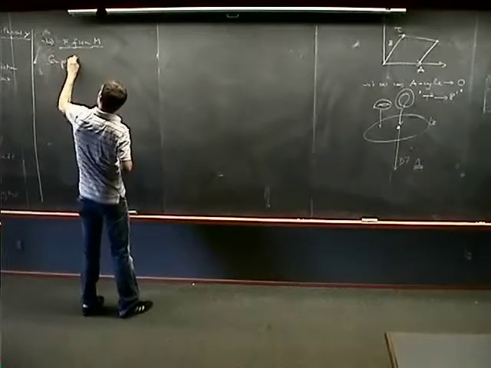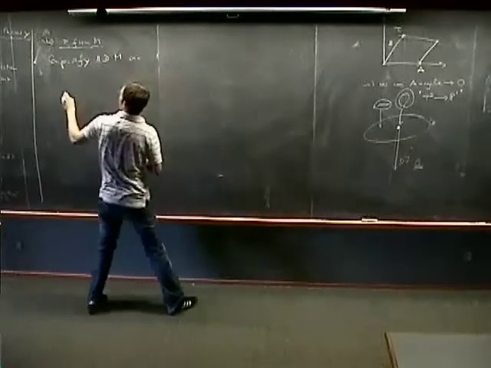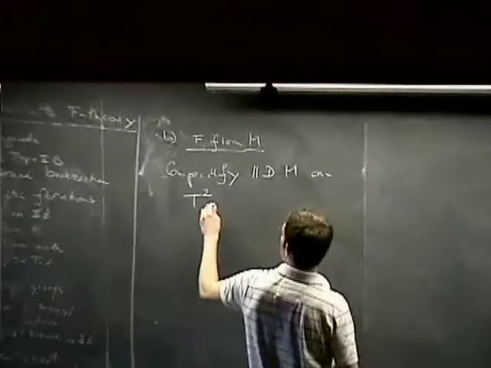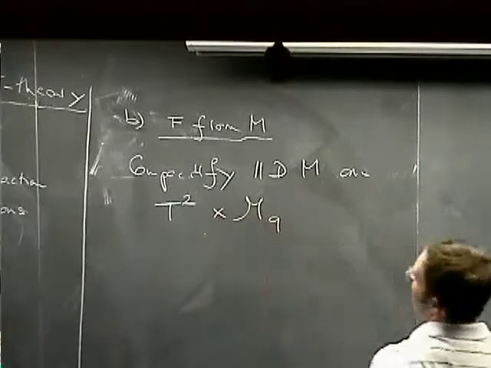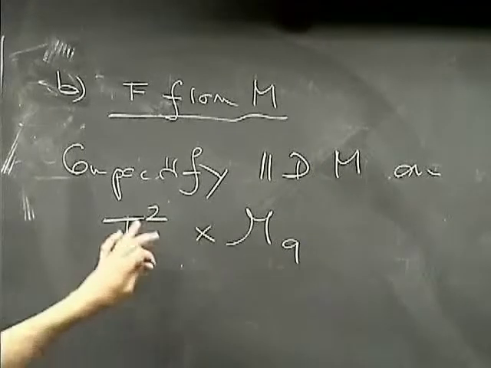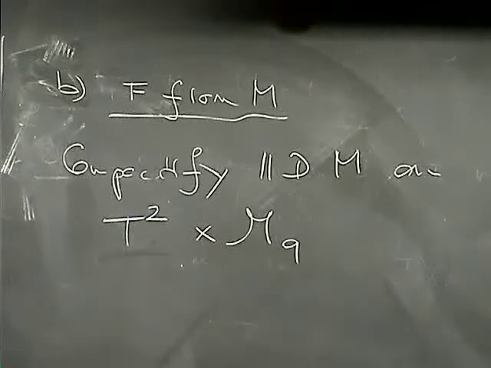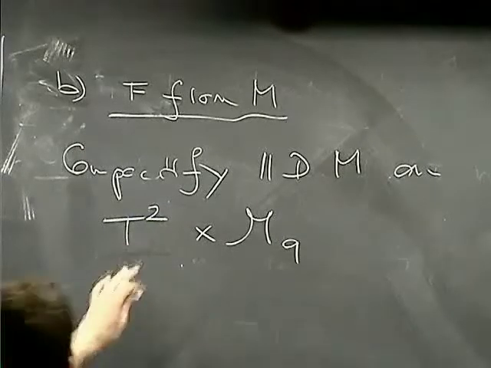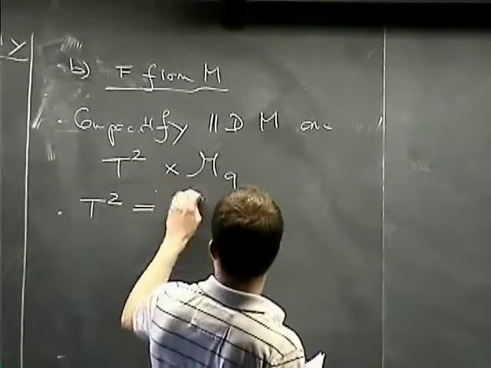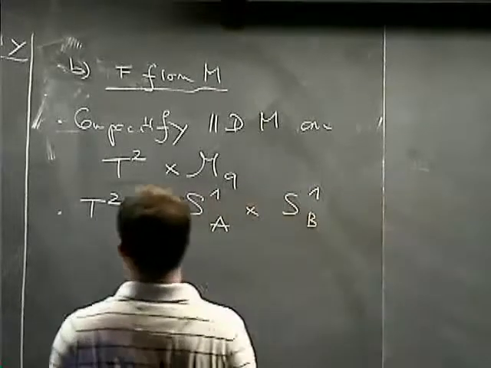So if we compactify 11-dimensional M-theory on some torus T2, which will be related but not identical to the one appearing here, times 9-dimensional space, we now use a peculiar limit where the volume of this torus goes to 0, which is the reason why the volume of the torus will not appear on the type 2B side. So we write the torus T2 as the product of two 1-cycles, the A cycle and the B cycle.